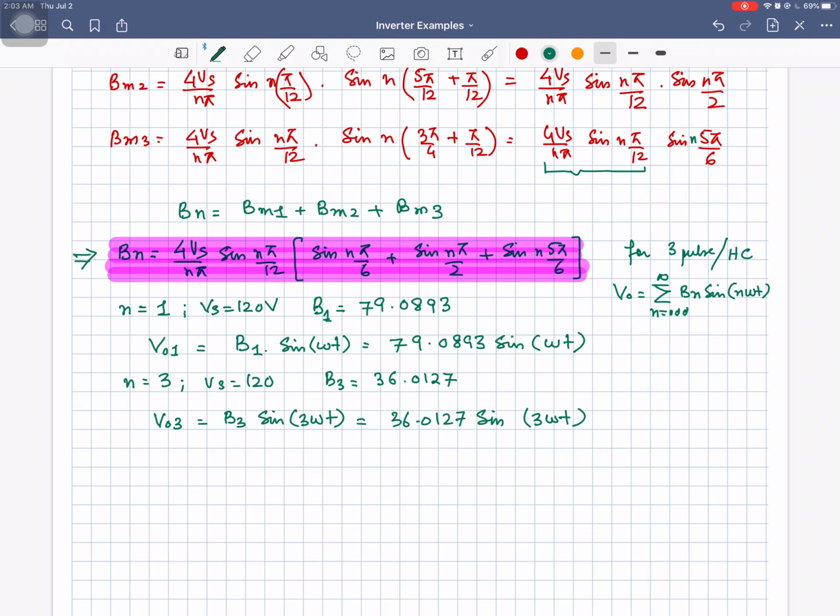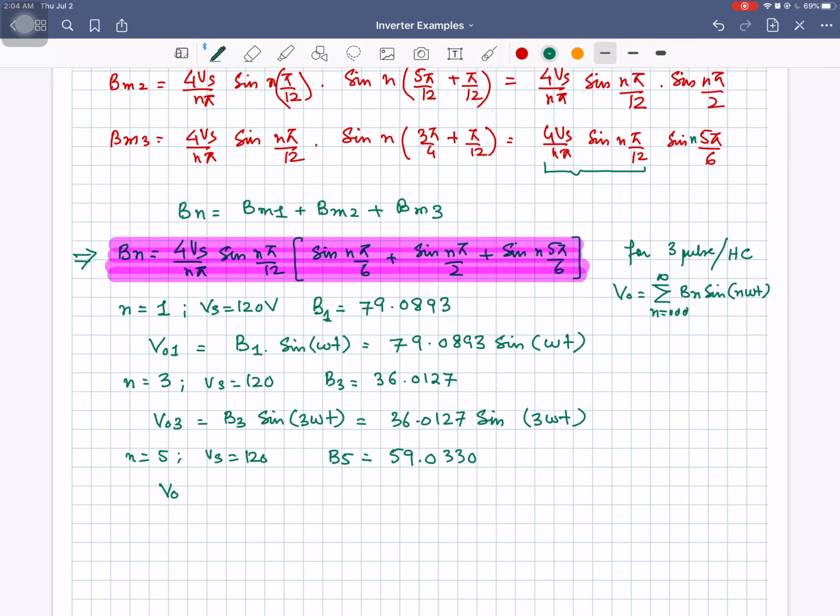And similarly, if we calculate for the other harmonics, fifth harmonic, seventh harmonic, we can evaluate the harmonics. So let's suppose n is equal to 5 now, Vs is equal to 120, so B5 will come out to be 59.0330.